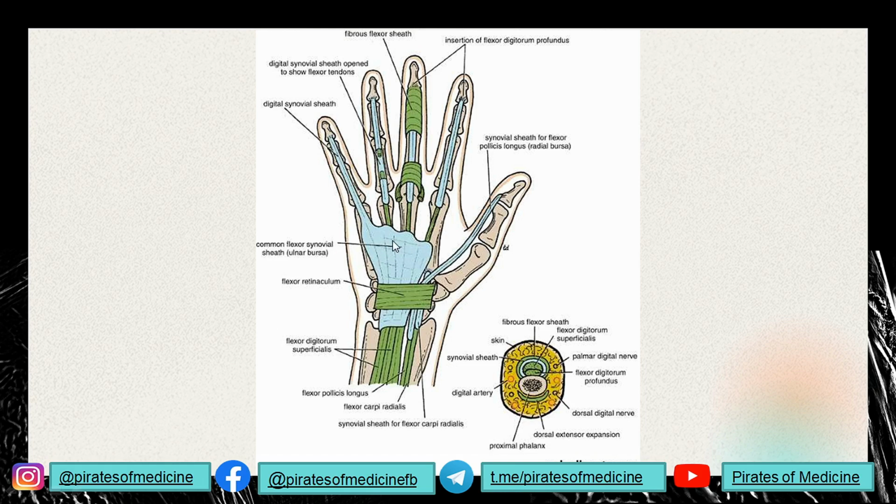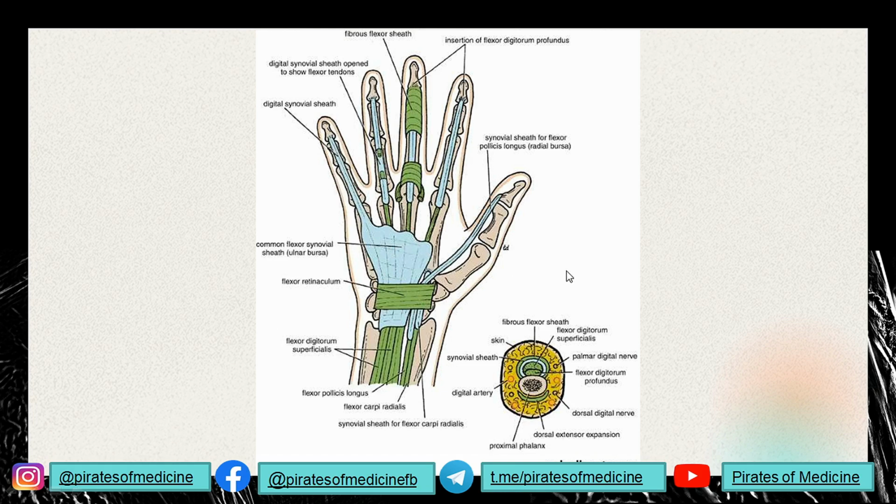flexor sheath of the hand is directly continuous with the digital synovial sheath of the little finger, while the other fingers are not directly continuous with the common flexor synovial sheath. So if there is a purulent injury or an infection in the little finger, then it can spread to the common synovial sheath very easily.